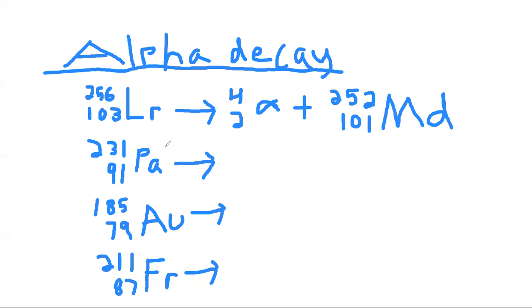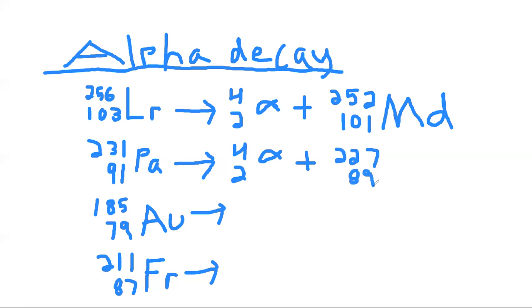Okay, and for the next one, if we're doing another alpha decay, we're still going to be using the alpha particle with an atomic mass of 4 and an atomic number of 2. And in order to have the masses and numbers add up on both sides, 231 minus 4 is 227, and 91 minus 2 is 89.